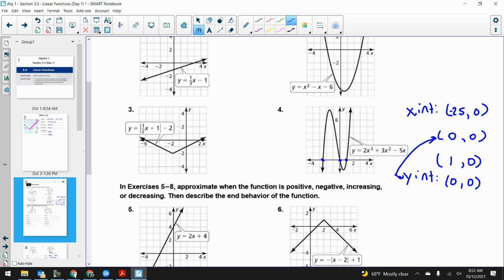But then Friday, because it's the end of the 9 weeks, we're going to do this thing called the quarterly checkpoint. That's what we're calling it. It's basically a test that every Algebra 1 student in the entire building can take. And it's just a test to see where we're at.